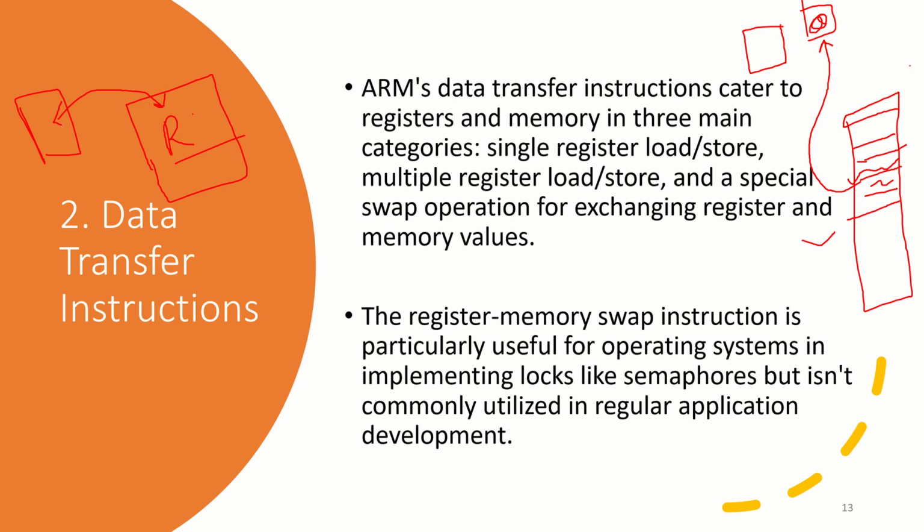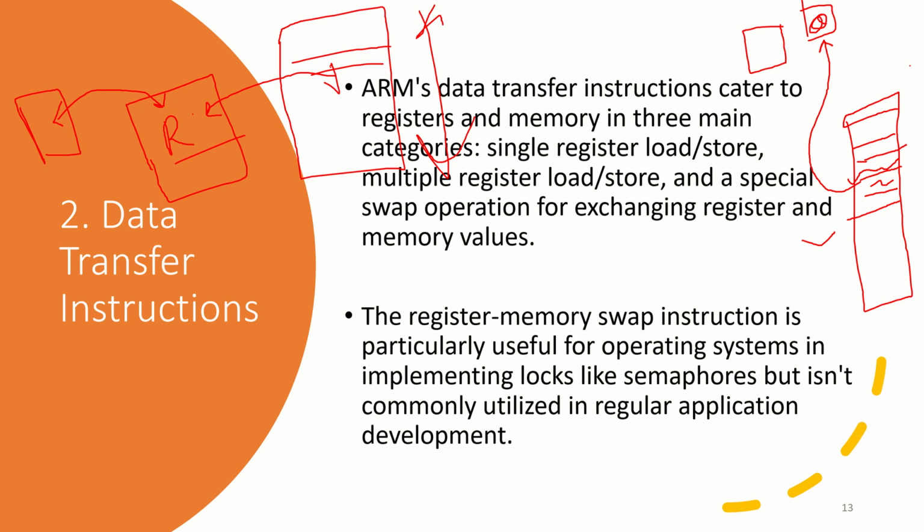But if we are transferring data between register and memory, where memory size is more and register size is less, we call it a data transfer instruction. Now, we have three types of these instructions.